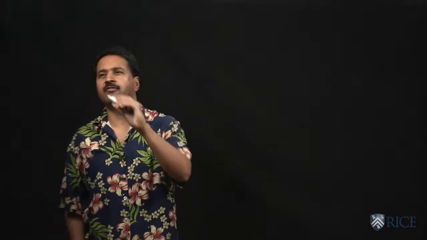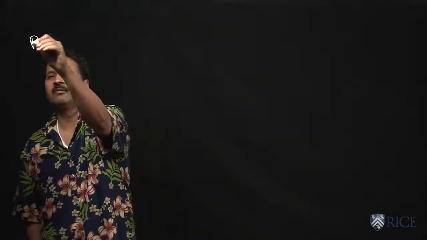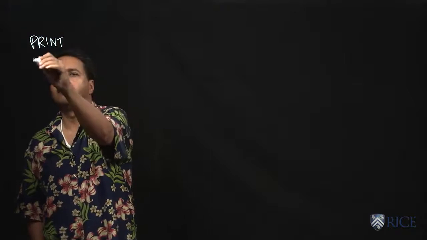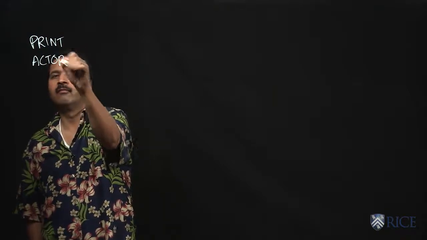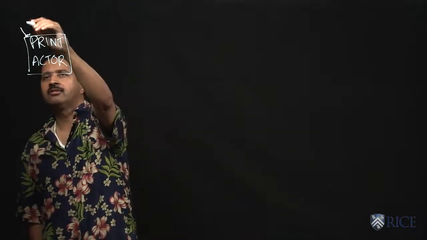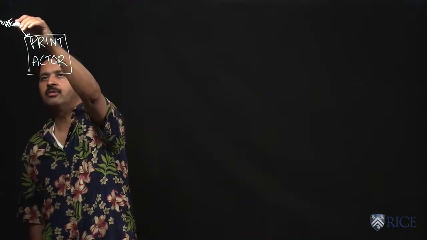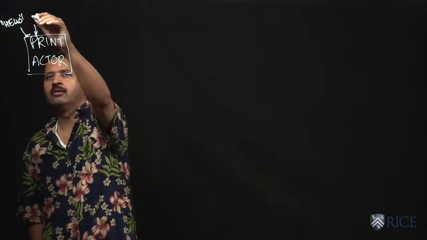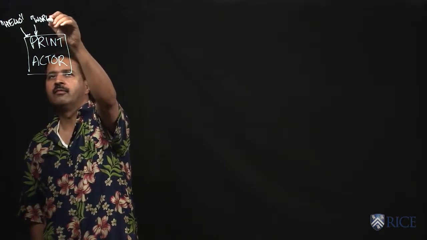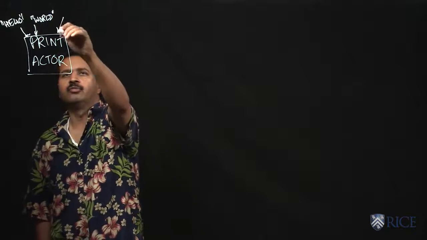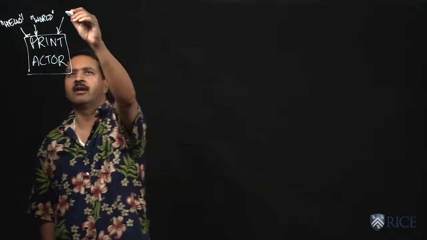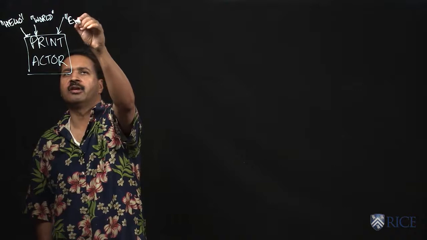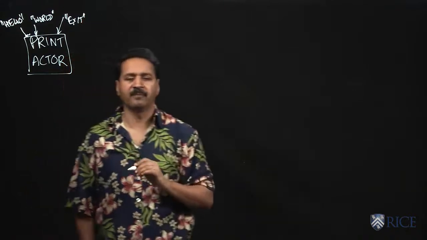Let's use two simple examples to understand how to write concurrent programs with actors. So the first is what I'll call a print actor. Its job is to receive messages like all actors, and there could be messages like hello, world, and we'll assume that it has a designated string exit, which will be a message for it to terminate itself.